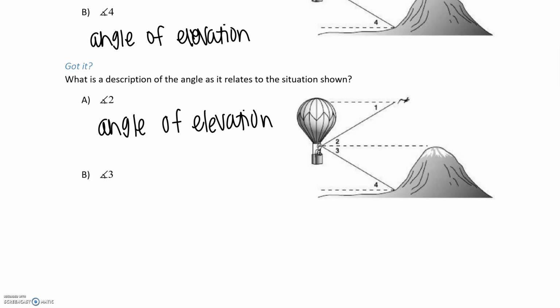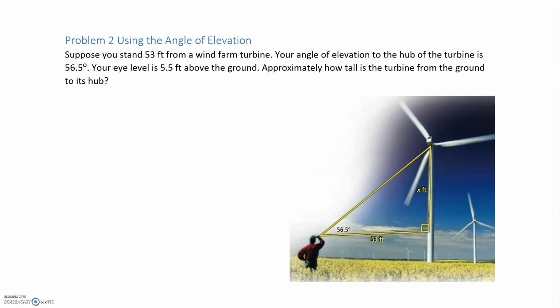And angle 3 is going to be an angle of depression because that angle is being formed by a sight line moving down. Angle of depression. Okay, so if we move on, we're going to use the angle of elevation and angle of depression.